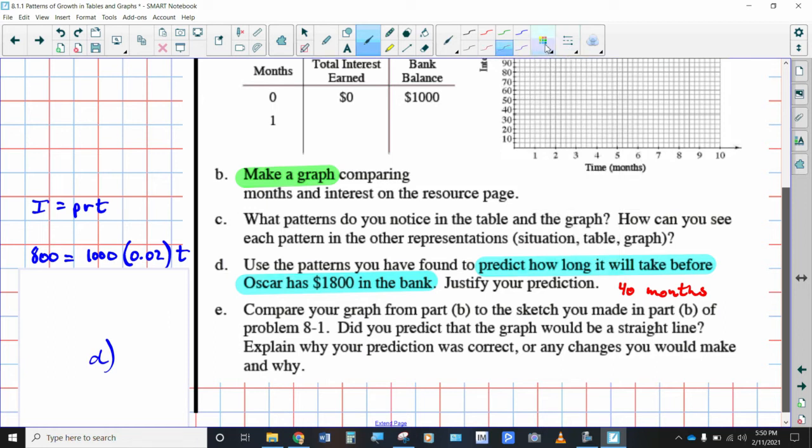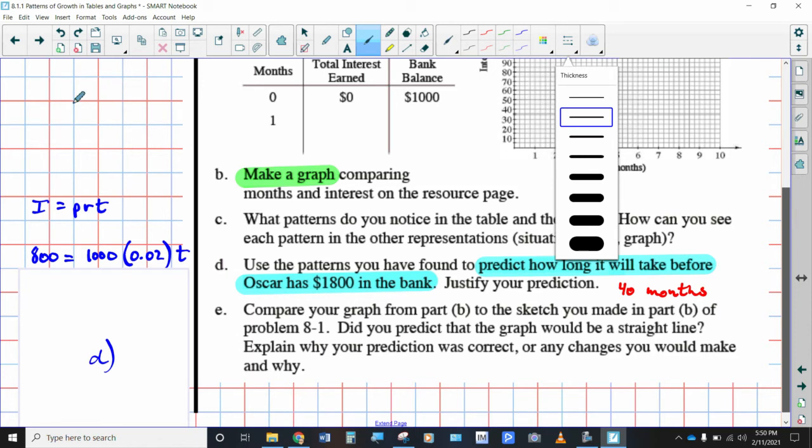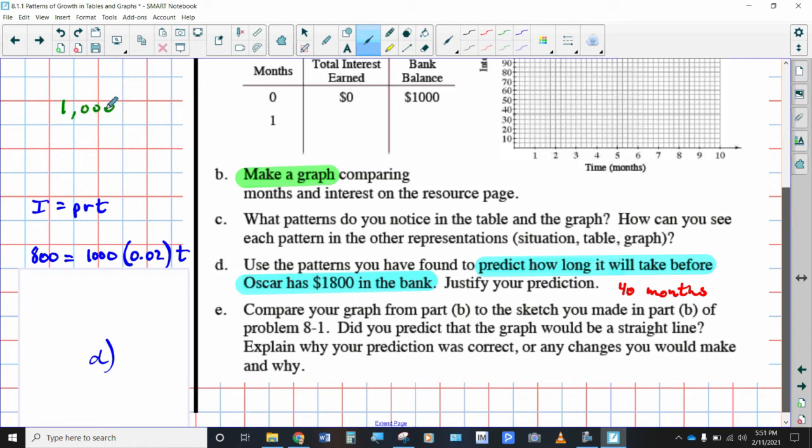Now let's do this color. I like that color. The 1,000, the amount deposited, needs to be subtracted from your total amount so that you will know how much money was earned. The interest earned is $800, so that's what we put in place of the I. We know the principal was 1,000.